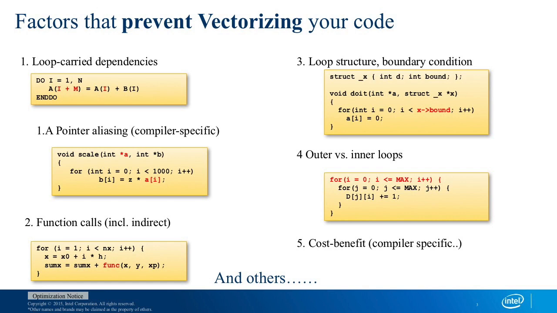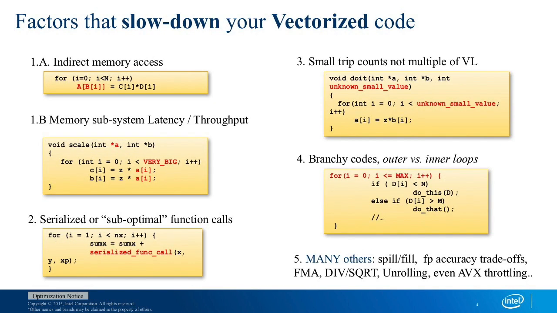Normally you would say with inlining you can cure that. Then the loop structure, the boundary conditions may play a role, so the compiler does not know about the boundaries. Register spilling or floating point accuracy, FMA, divisions and square roots, unrolling, even AVX throttling.